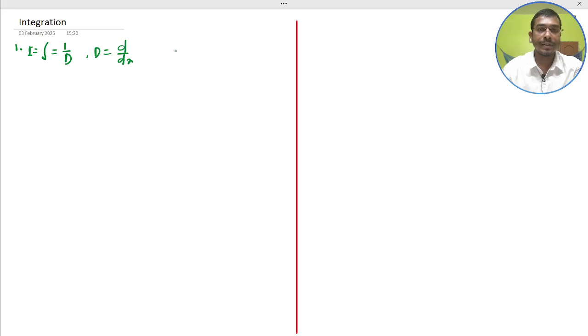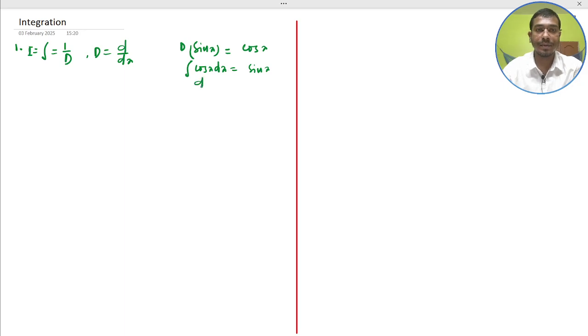The differentiation of sin x equals what? Cos x. And the integration of cos x dx would be what? sin x.